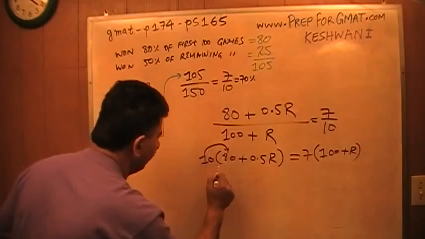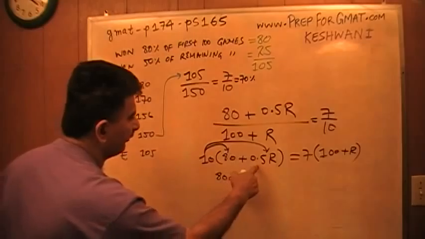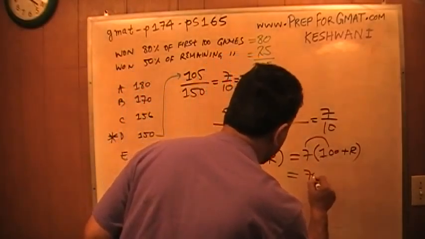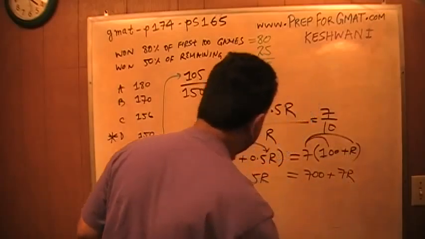10 times 80 is 800, and 10 times 0.5 is 5, so that's 5R, and here I get 700, and then 7R. You see, simple, straightforward.